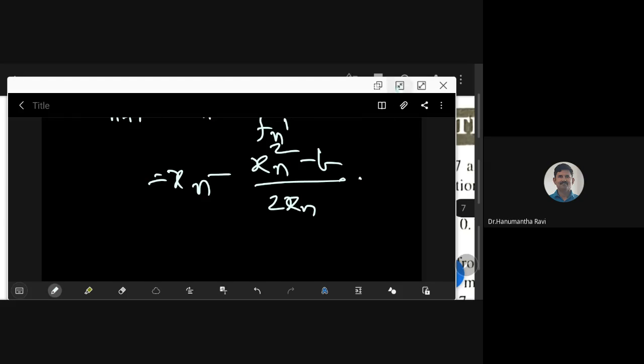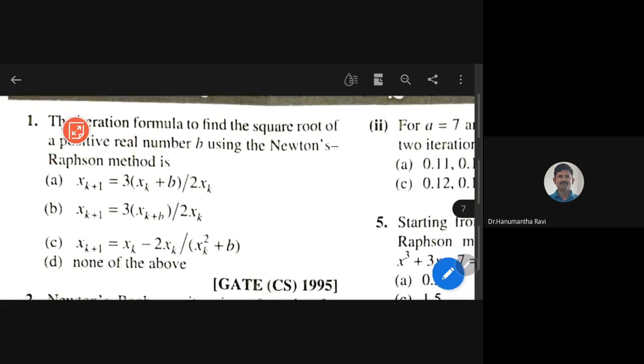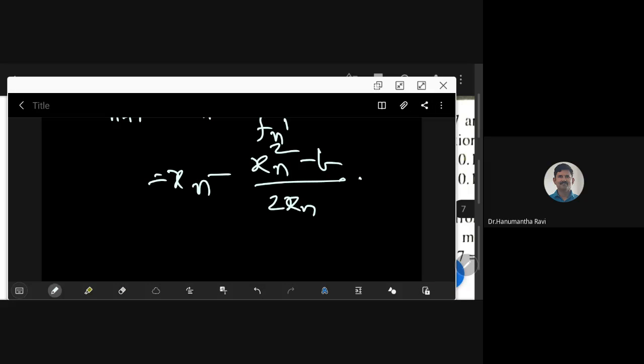Okay, so we will see this. So xk plus 1 is, you can see here xk plus b. What did I say? Xk minus. So you need to get this as xn square minus b.